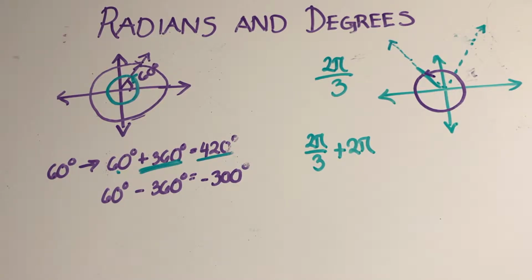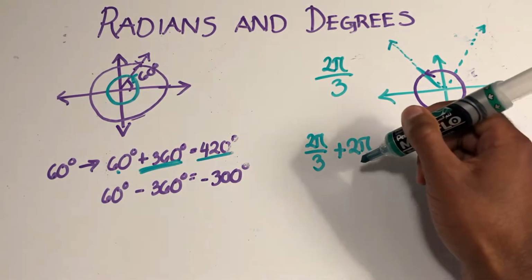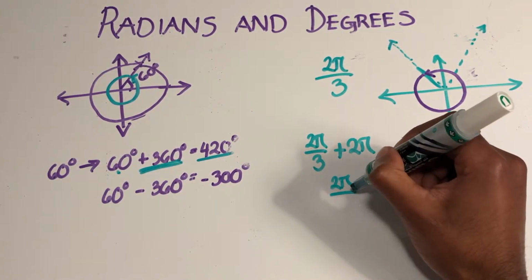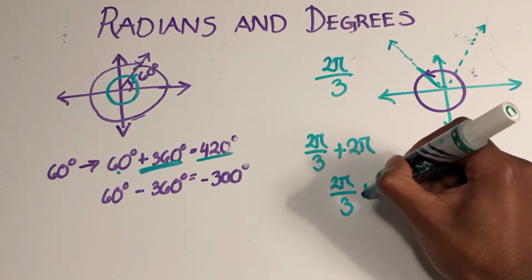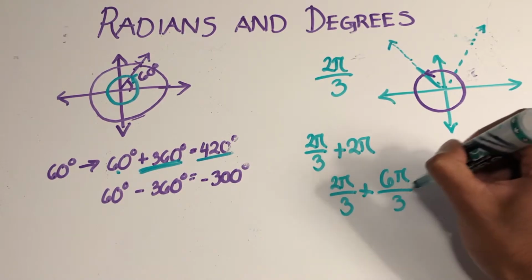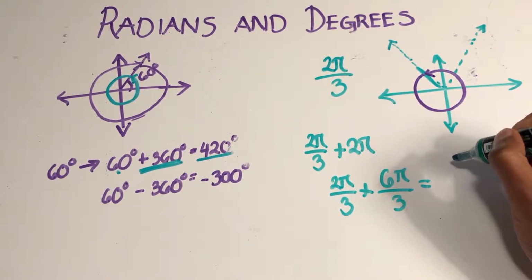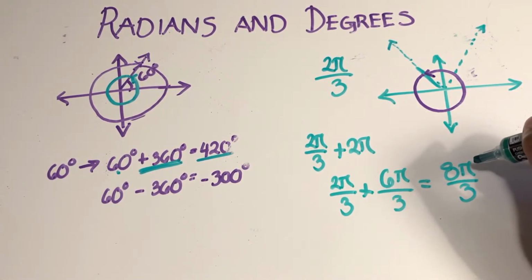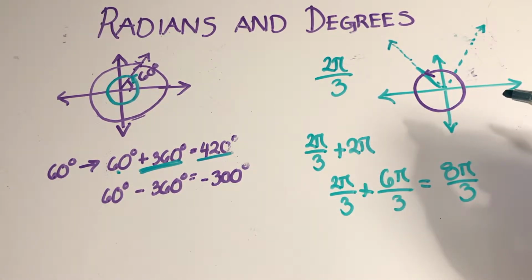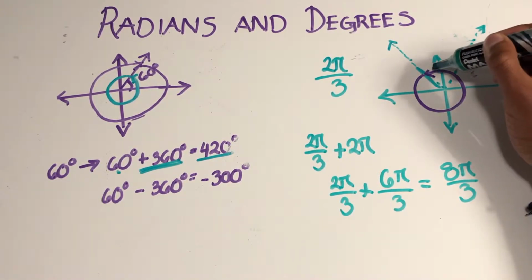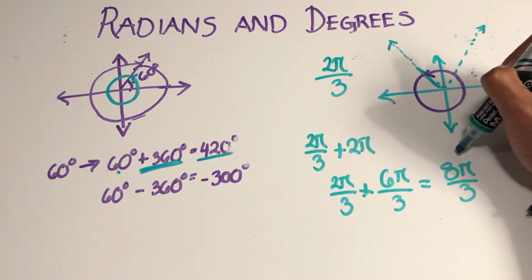So 2 pi over 3 plus 2 pi, if we use the least common denominator, 2 pi corresponds to 6 pi over 3. 2 pi over 3 plus 6 pi over 3 is going to give you 8 pi over 3. 8 pi over 3 is a coterminal angle of 2 pi over 3. So if you were to go 2 pi radians from 2 pi over 3, you will end up at a new angle, which is 8 pi over 3.